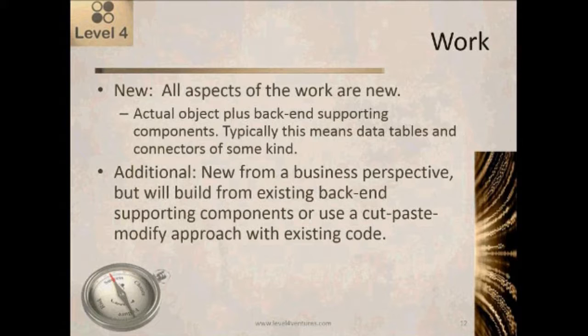So this would typically mean data tables and connectors of some kind, and often calculations and so on. So if we say that a page or a report is new, we're not just saying that this is a new report or a new page from a user perspective. We're saying that we're also going to need to do some changes to the database to add some tables. We're also going to need to do some changes to how we connect to the database and so on.